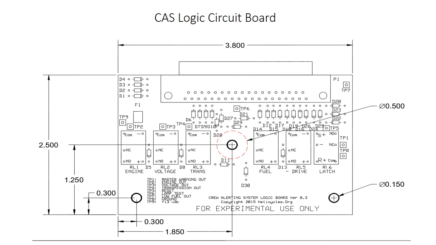Here's the mounting information and size of the CAS logic board itself. It measures 3.8 inches by 2.5 inches. It mounts using 3 standoffs, as you see, 4-40 standoffs. The red dashed circle in the middle is a clear area that measures 1/2 inch in diameter.